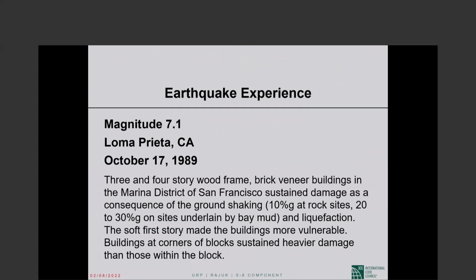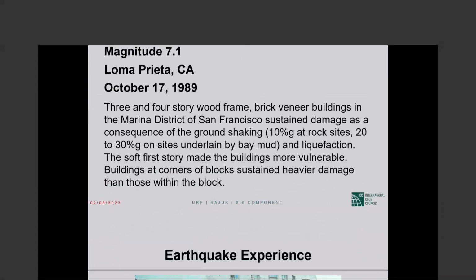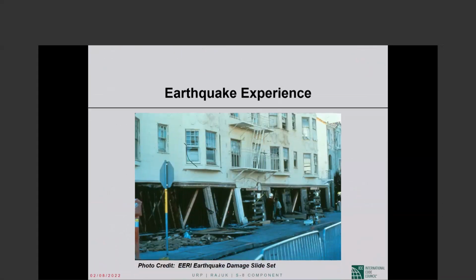Some examples: the so-called Loma Prieta earthquake of 1989. This was the San Francisco area earthquake, the last significant one in the San Francisco area, magnitude 7.1. What we saw in that earthquake, this is the Marina District as it is called. This was built on fill, and when these buildings were built, there were no automobiles, so there were no garages.